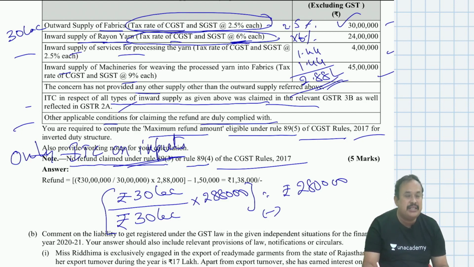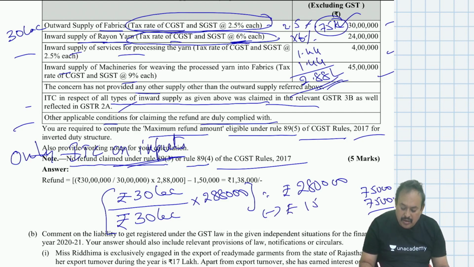Each one how much comes here? 75,000 plus 75,000, total 1,50,000 to deduct. The balance 1,38,000 is our refund claim.